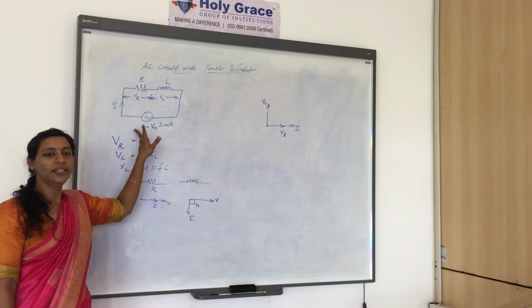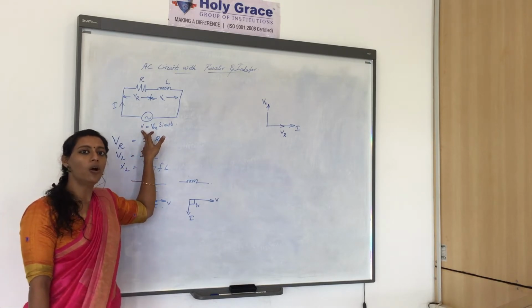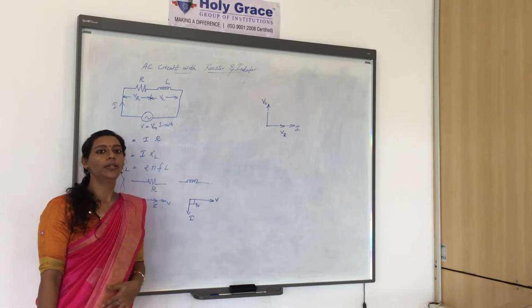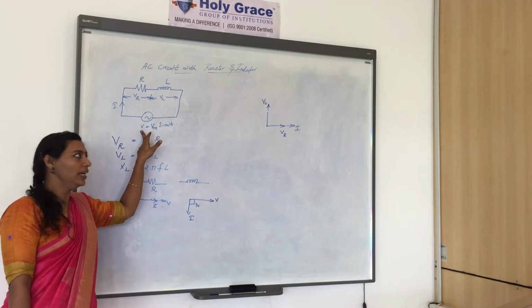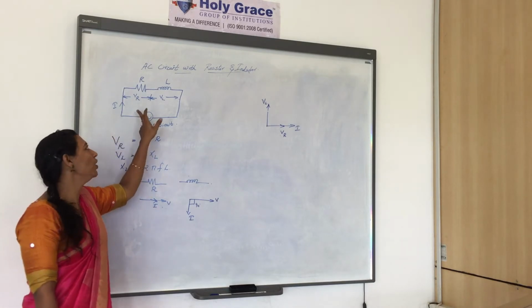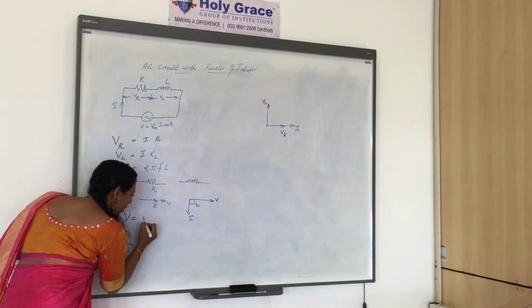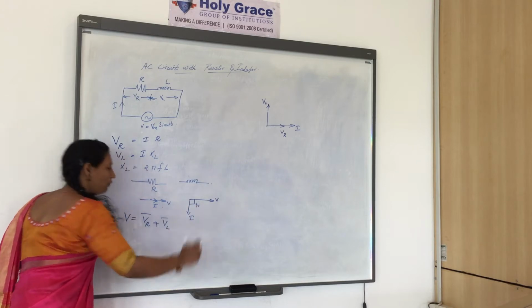Next, we have to find the resultant voltage. Here, by using KVL, we know that the applied voltage is the sum of the voltage drops in the circuit. Here, the applied voltage is V and the voltage drops are VR and VL. Therefore, the applied voltage V is the vector sum of VR and VL.